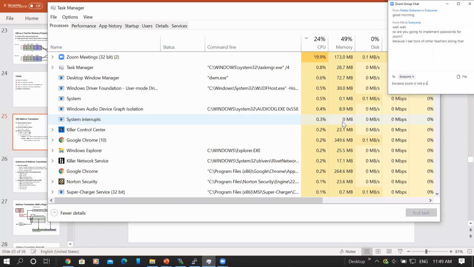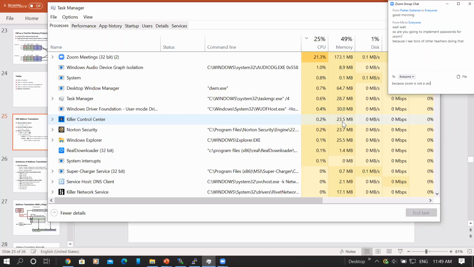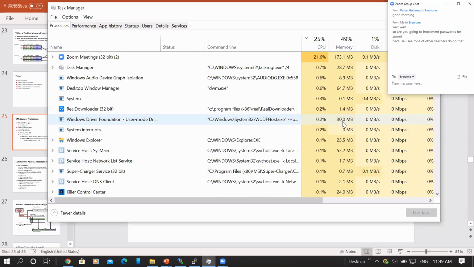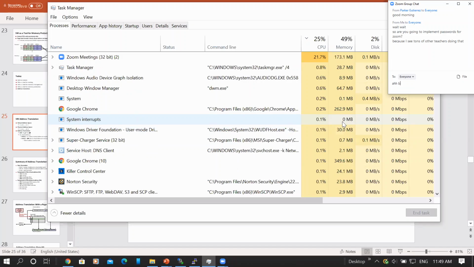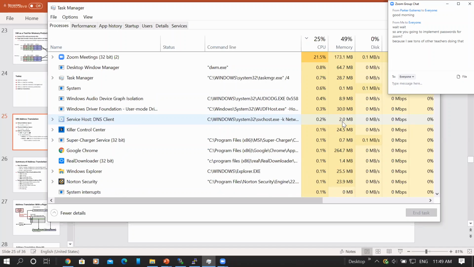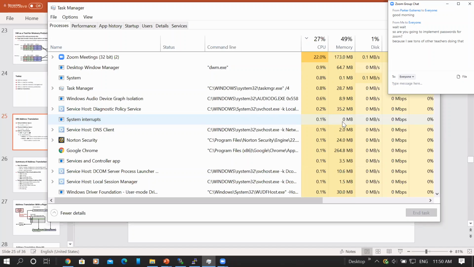There's a question about passwords for Zoom. Currently we only have one password that you need. I emailed it out to you, and that is if you want to access the Monday, Thursday, Friday lab sessions, there's a password associated with that Zoom session.